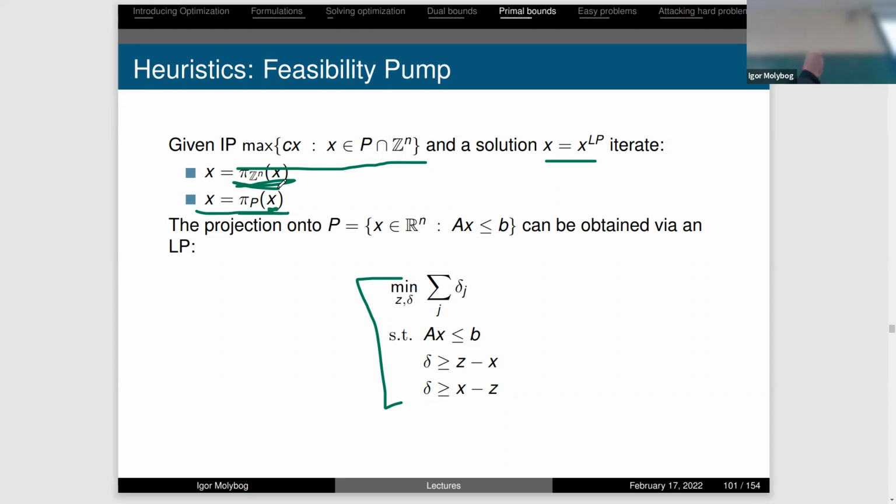So for example, we have a polyhedron like that. We have an optimum solution somewhere here. So this is our x LP. Our first step of rounding has given us some other integral solution, x hat, let's say.